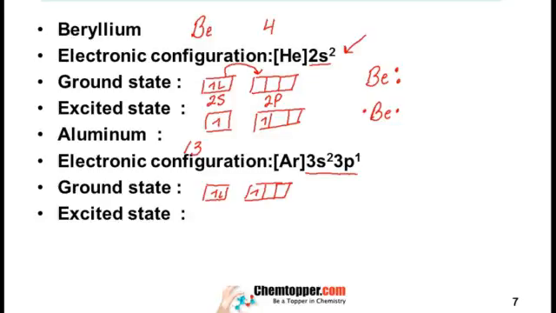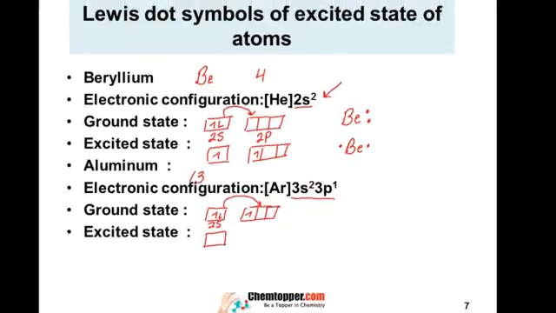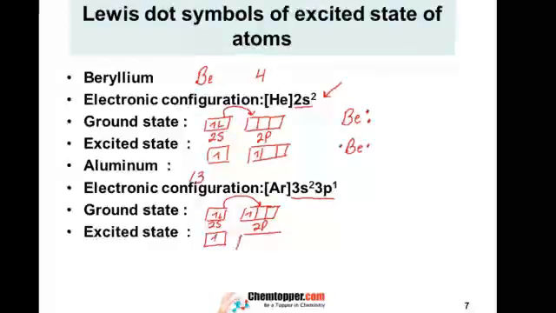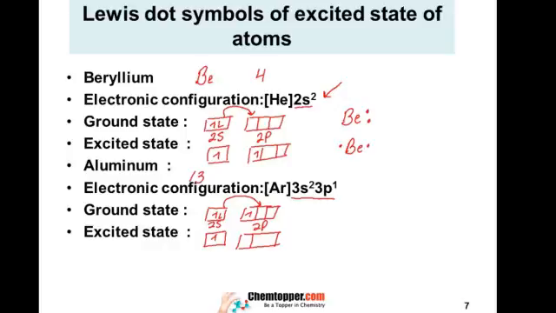In the excited state, one of the electrons will jump from the s orbital to the p orbital, and now in the excited state there are 3 unpaired electrons.